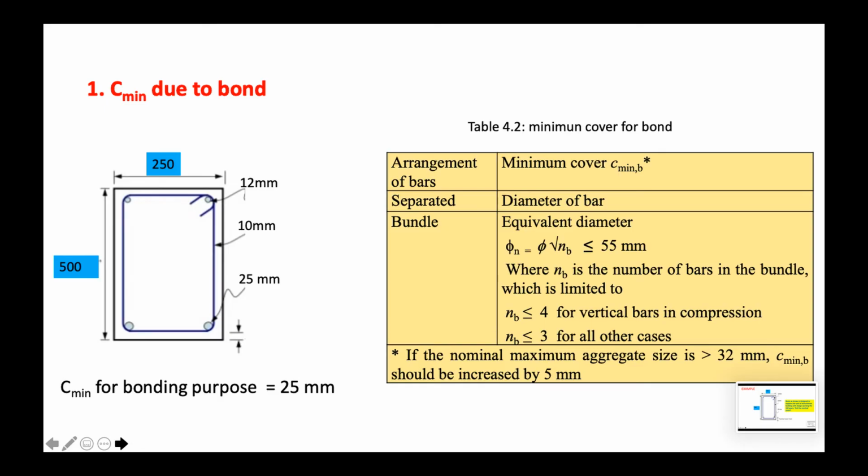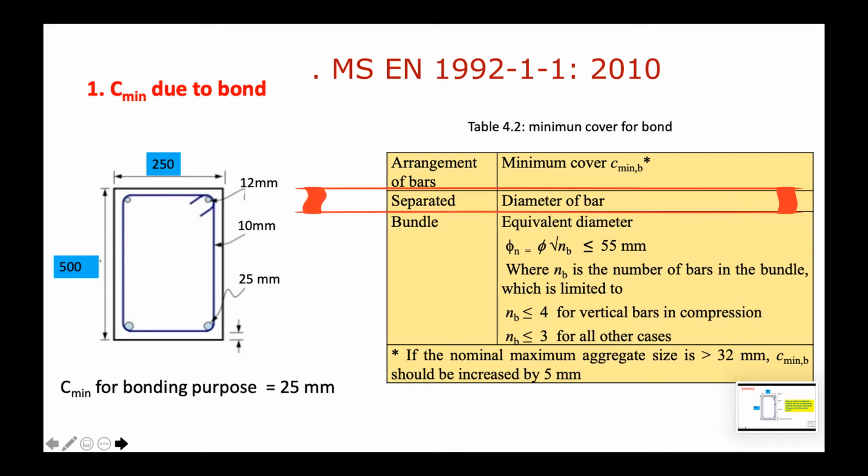Let's start first with the determination of C min due to bond. It can be seen that the tensile reinforcement will be positioned in single or separated ways. So here we select separated, which means C min will equal the diameter of the bar.